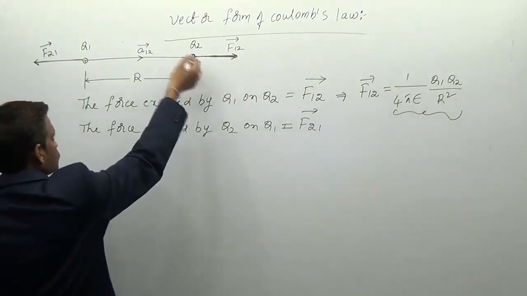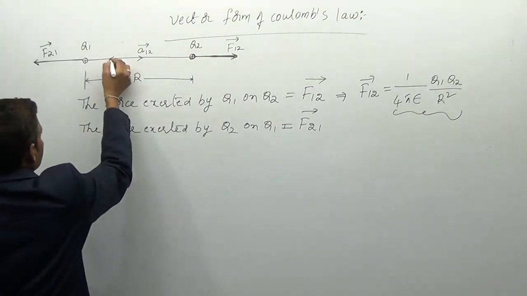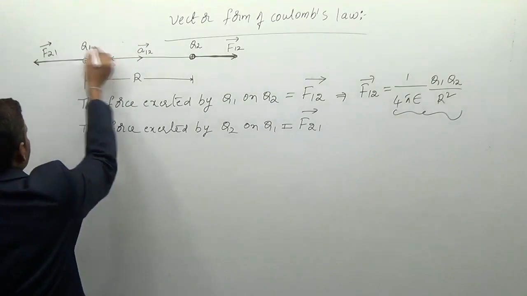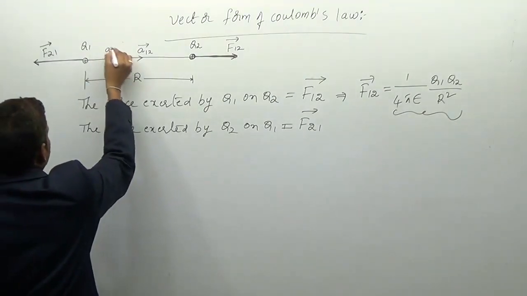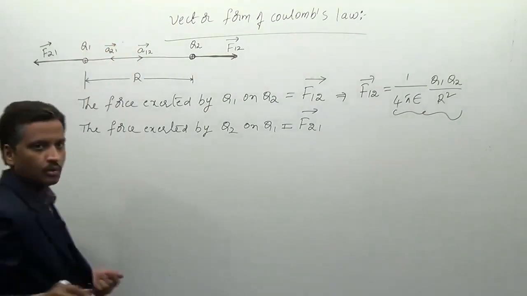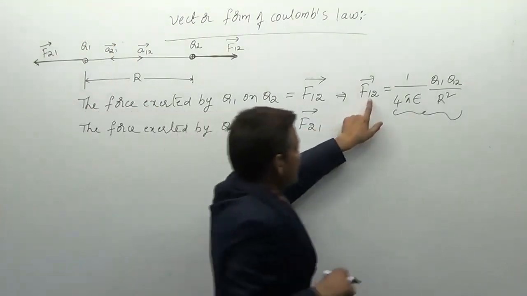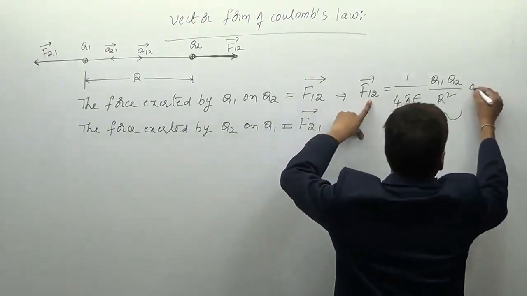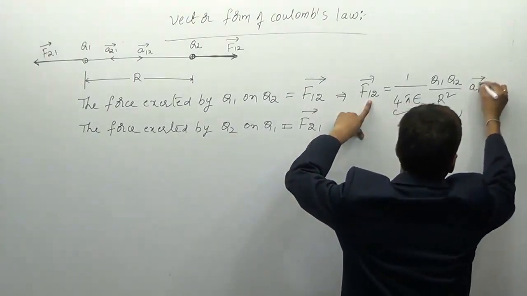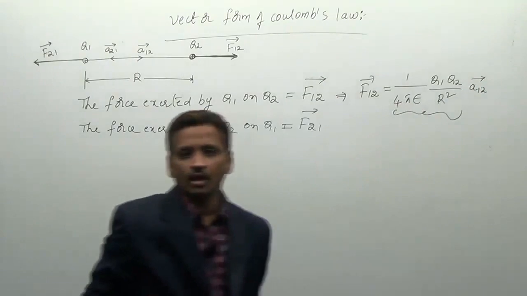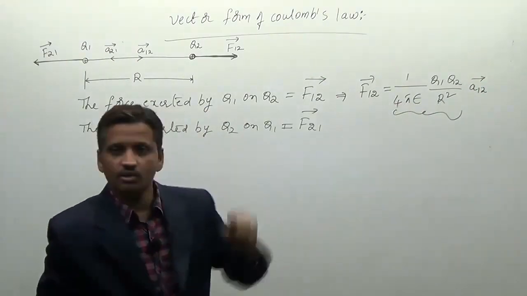When Q2 is exerting force on Q1, there will be another unit vector in the direction of F21, which we call A21 vector. That means the F12 direction is obtained by the A12 direction, where A12 is the unit vector in the direction of F12.